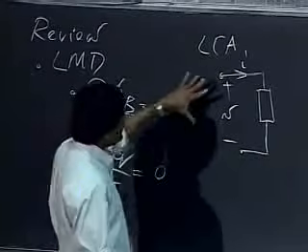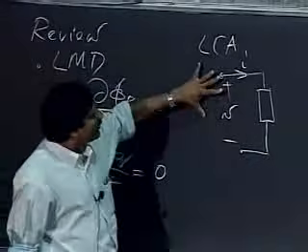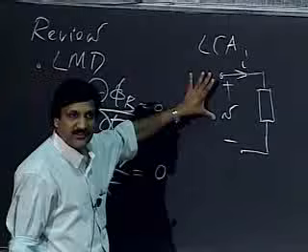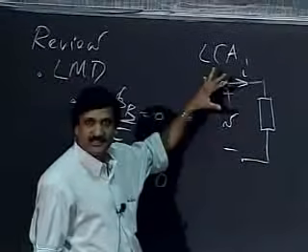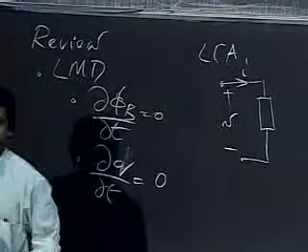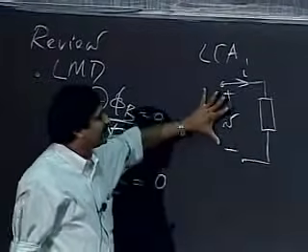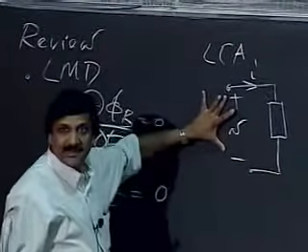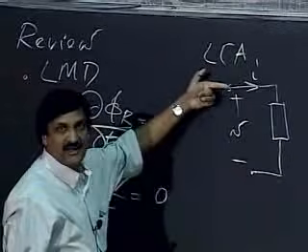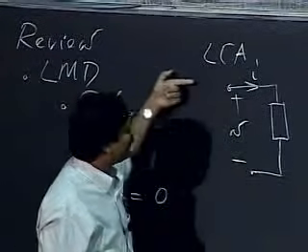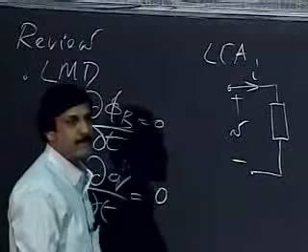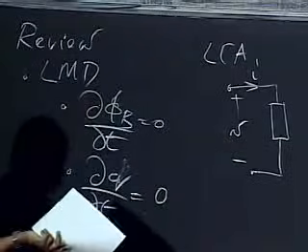As I go forward, when I label the voltages and currents across and through elements, I'm going to be following a convention. The convention is that if I label V in the following manner, then I label I for that element as the current flowing into the positive terminal. It's just a convention.